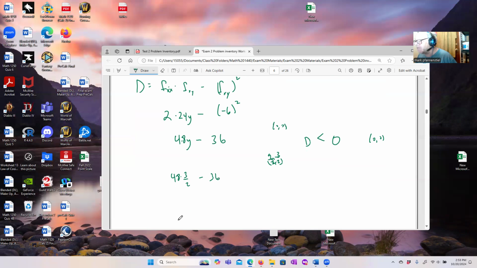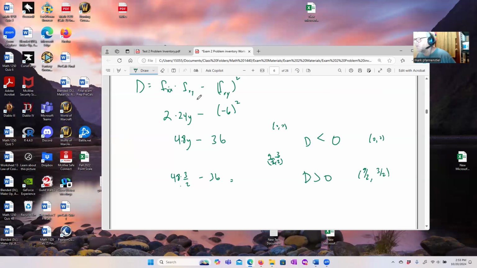What do we end up with? That's going to be 24 times 3, which is 70 something. 70 something minus 36 means D is greater than 0. This is at the point 9/2, 3/2.